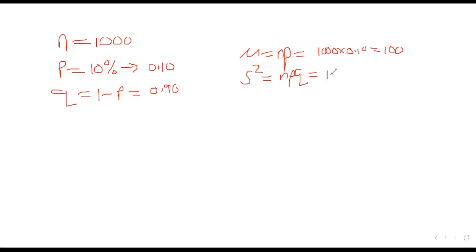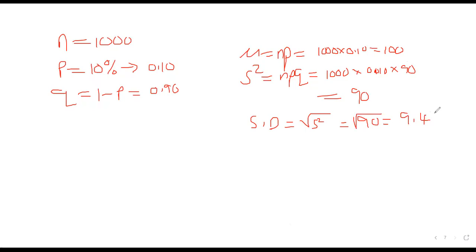So NPQ, we have 1000 there, we have P, which is 0.10, and 90%, which is Q. When you apply all these things together, you're going to get 90. This is called your variance. Standard deviation is always the square root of variance. So when you square root the variance, this is where we get the 9.49. If there is anyone behind, please speak now or forever hold your peace.